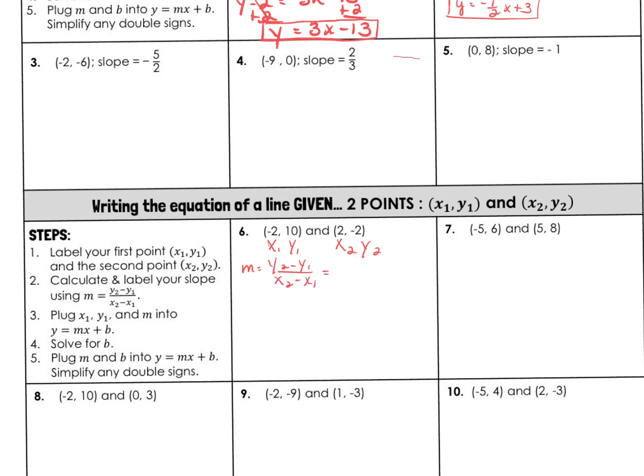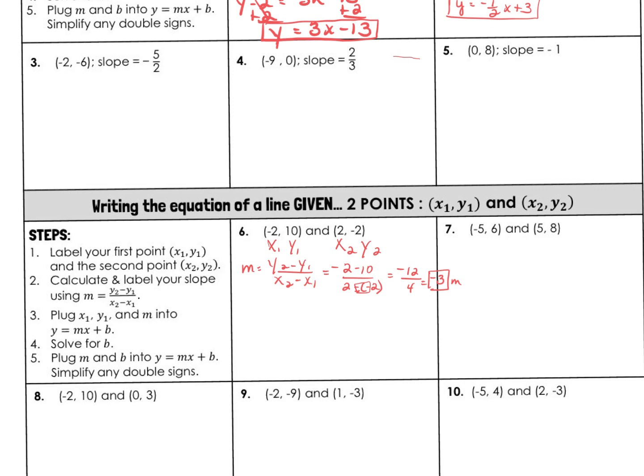And if we plug those values in, we get negative 2 minus 10 over 2 minus negative 2, which is negative 12 over 4, because don't forget that 2 negatives make a positive here. And then when we simplify that, we get negative 3 as our slope.